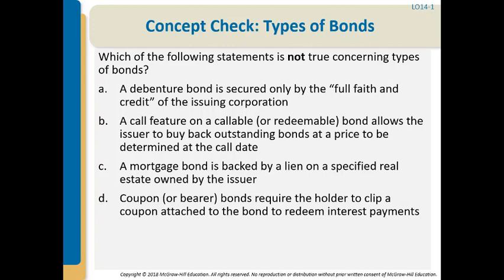B, a call feature on a callable or redeemable bond allows the issuer to buy back outstanding bonds at a price to be determined at the call date. That's not true. This call feature has to be spelled out at the time of the issuance of the bond, not at the call date. So B is the correct answer.